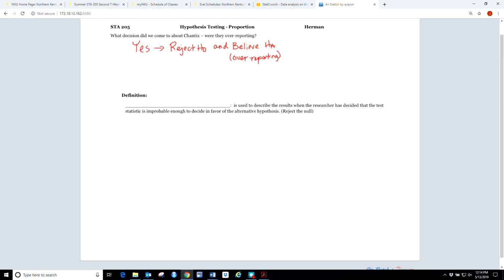When I do this, when I do actually reject the null hypothesis, this has a fancy name. When I reject the null hypothesis, this is said to be statistically significant.